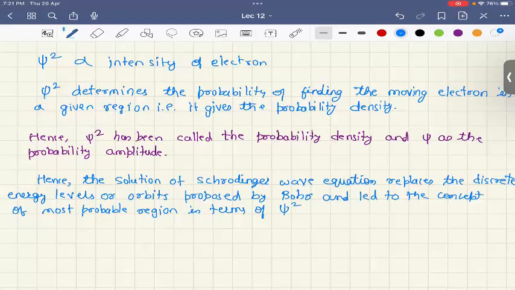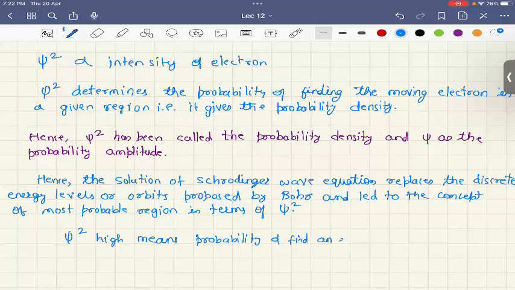A large value of psi square means a high probability of finding the electron at that place, and a small value of psi square means a low probability, right? Higher the psi square, the probability of finding an electron is high.